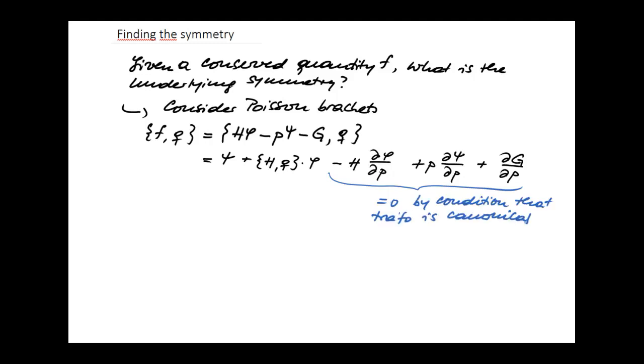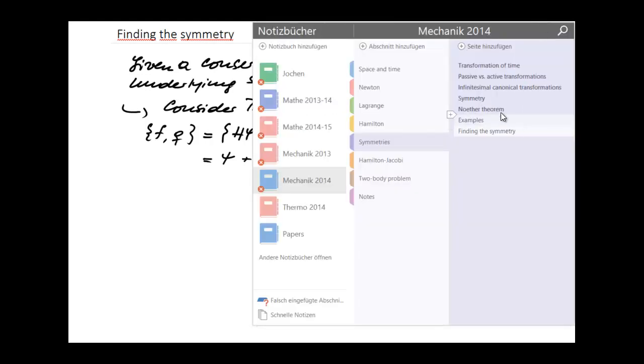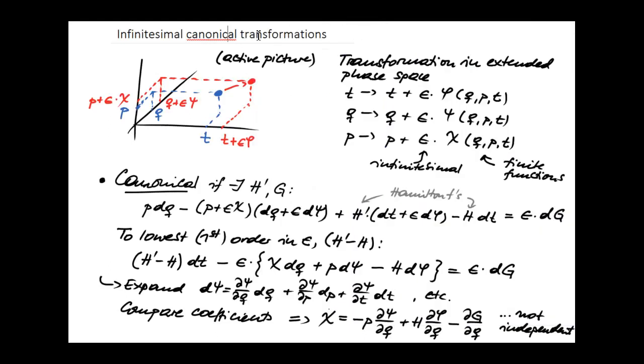The way to see that is to go back to the infinitesimal canonical transformations and to consider the condition that the transformation is canonical. That's the equation below that features this curly bracket.